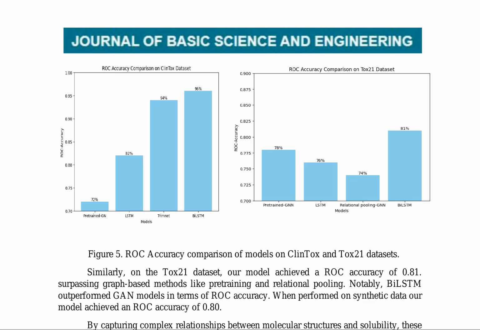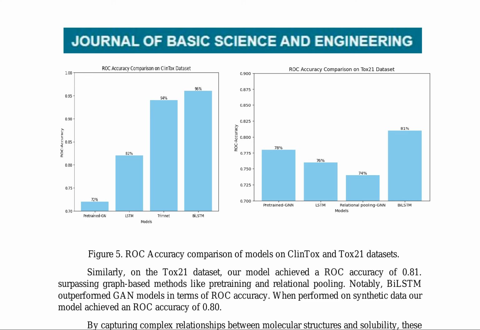The comparative analysis of the proposed model's performance in predicting molecular solubility and toxicity is presented. Figure 5 illustrates the ROC accuracy comparison of models on ClinTox and Tox21 datasets, where the proposed model achieved a ROC accuracy of 0.81, surpassing graph-based methods like pre-training and relational pooling. Notably, BiLSTM outperformed GAN models in terms of ROC accuracy.